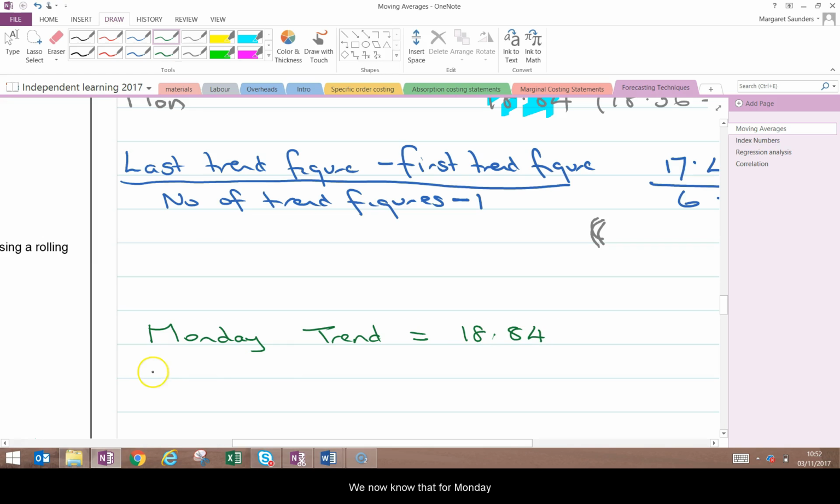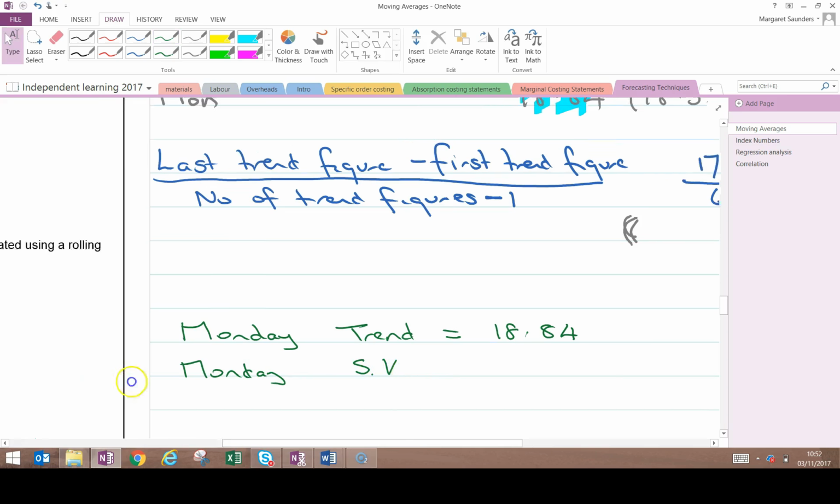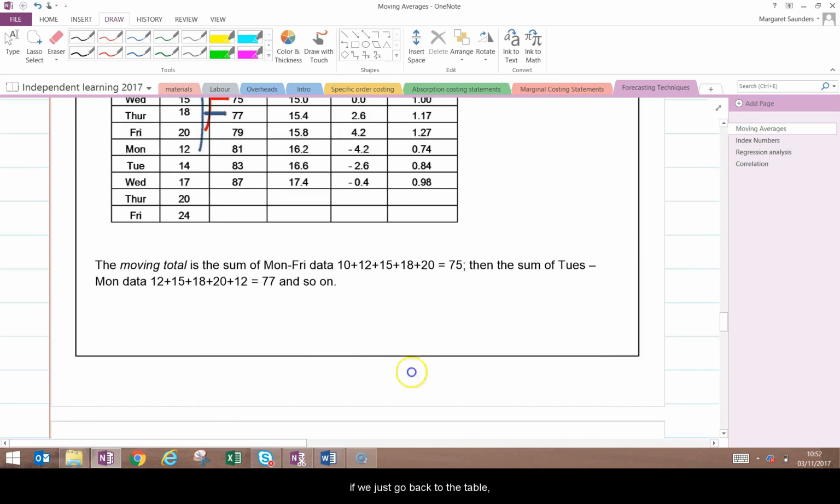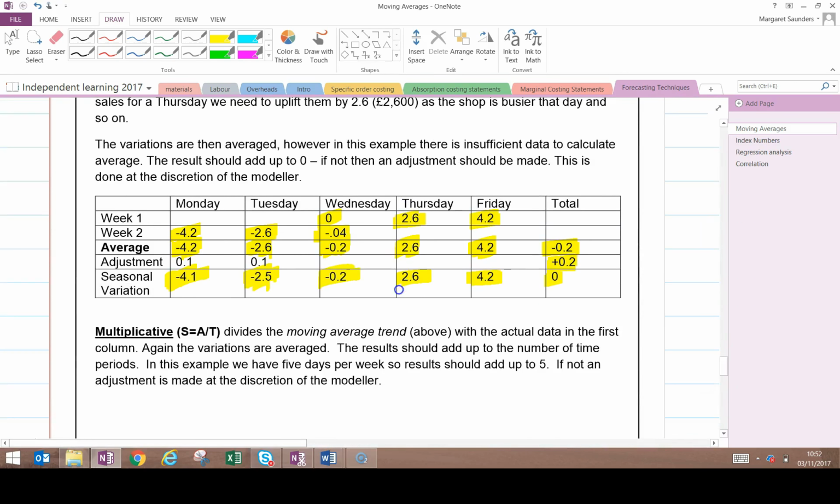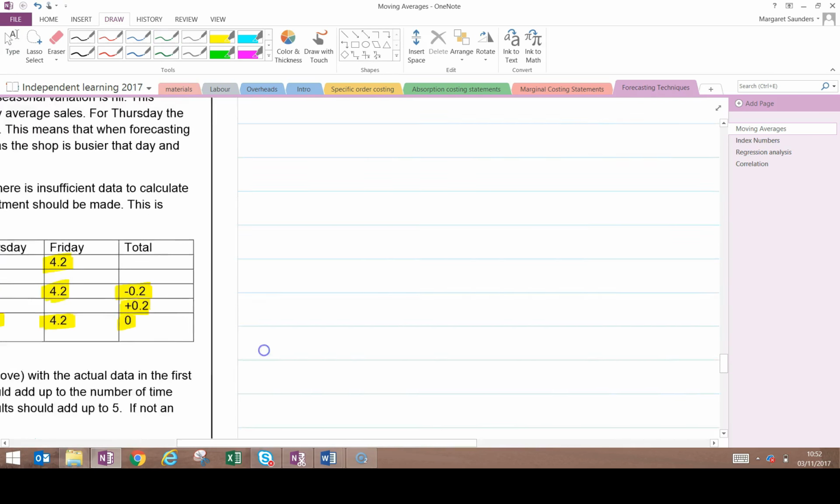We now know that for Monday, the seasonal variation, if we just go back to the table, is minus 4.1.